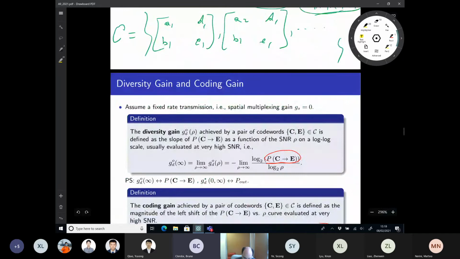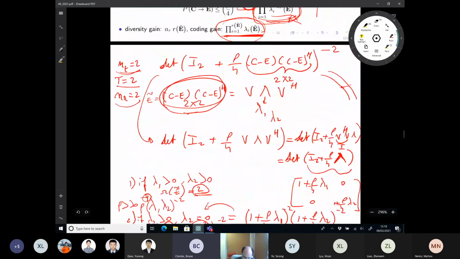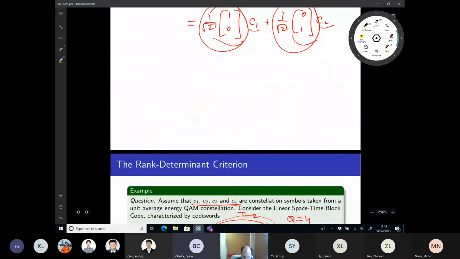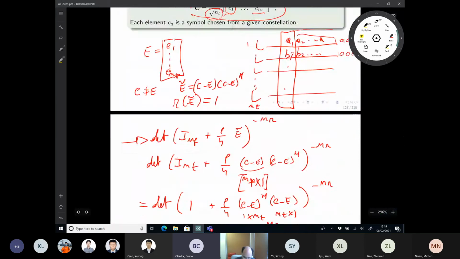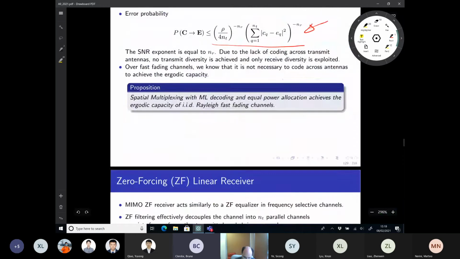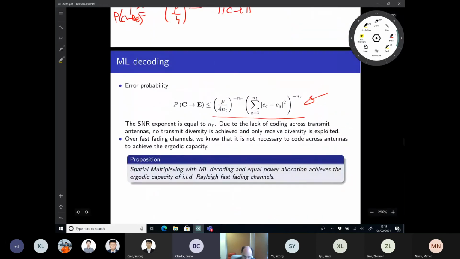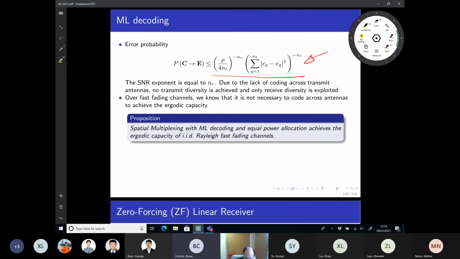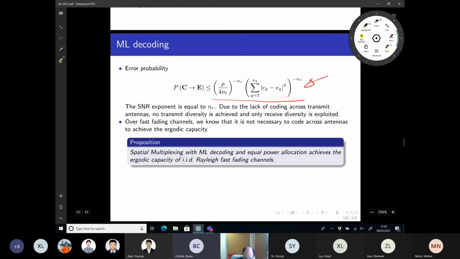Good. So what is the drawback of this? Well, if you start increasing the number of streams and the constellation size, things get quite complicated here, right? Because at your receiver, if you have M-QAM and you have NT antennas, you have M to the power NT constellation points to search.